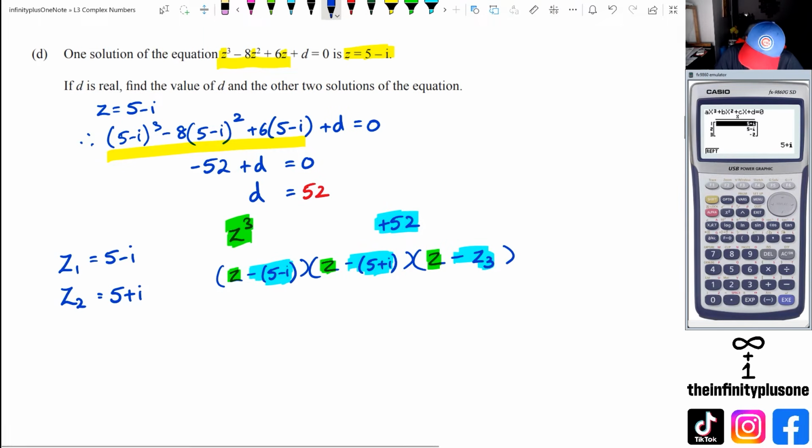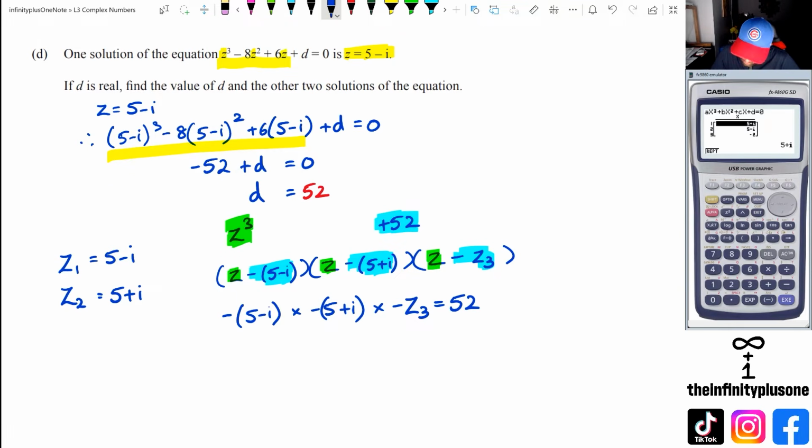Now, if that's the case, we can say negative (5 minus i) multiplied by negative (5 plus i) multiplied by negative the third solution, you are going to end up with 52. So once again, we're going to have to use the calculator for this. I've got 2 negatives there, but just let it be. What I'm going to do is negative Z3 is equal to 52 divided by negative (5 minus i) multiplied by negative (5 plus i).